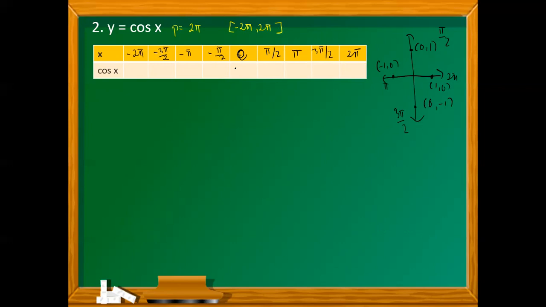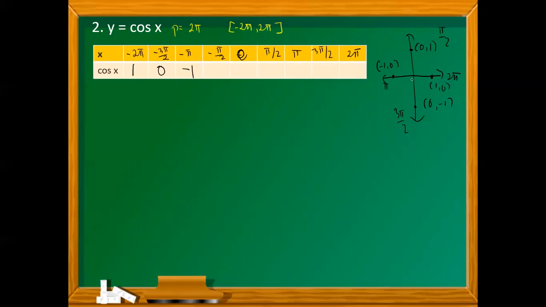So 2 pi is coterminal with negative 2 pi and its x coordinate is 1. Negative 3 pi over 2 is coterminal with pi over 2 and its x coordinate is 0. Negative pi is coterminal with pi, so its x coordinate is negative 1.